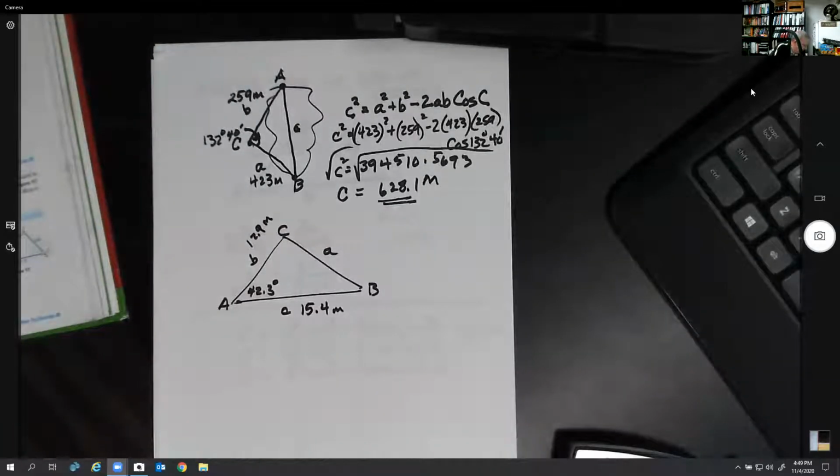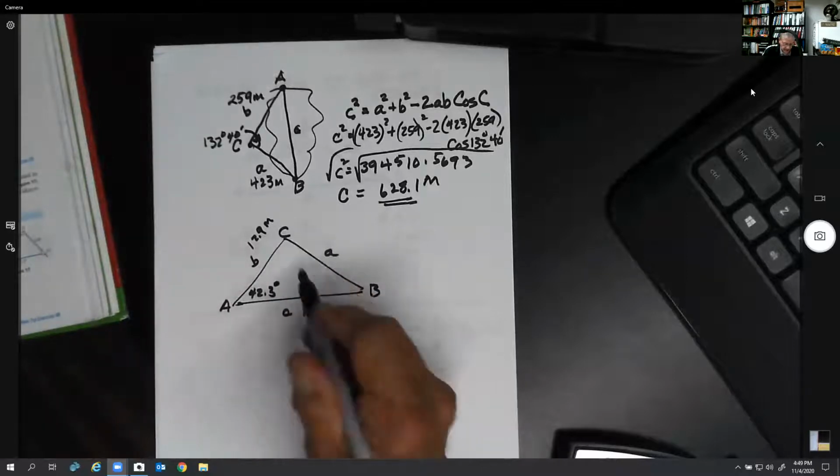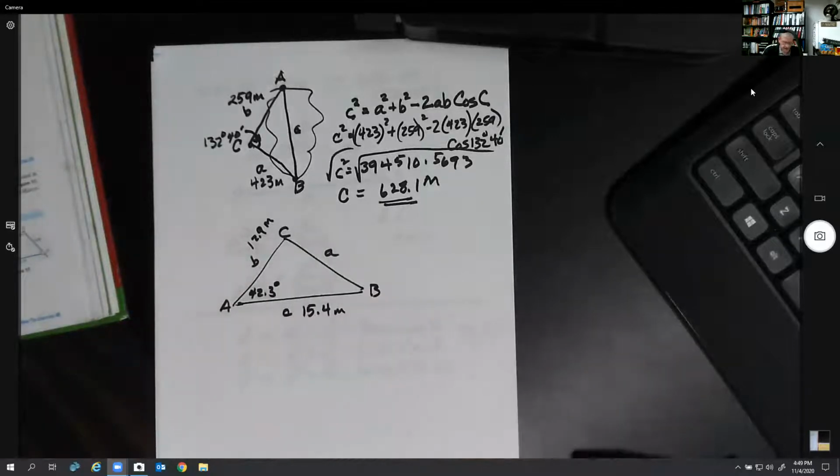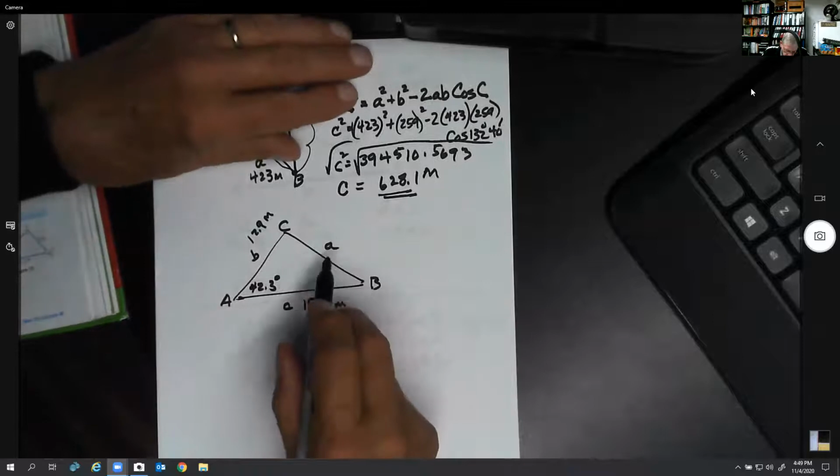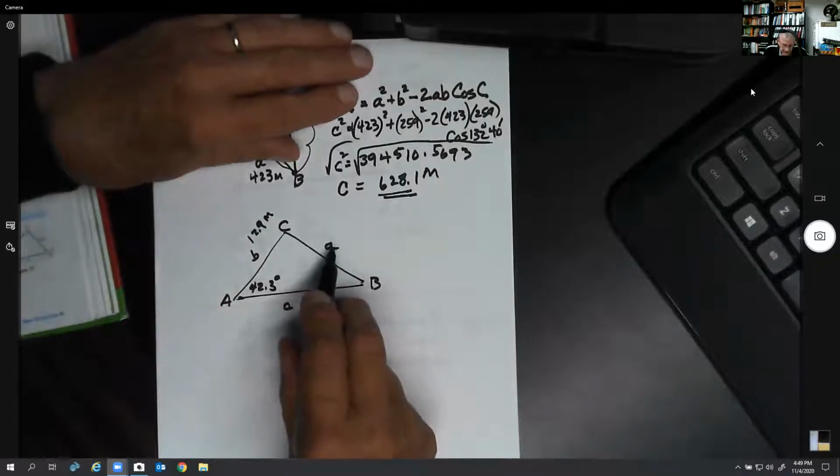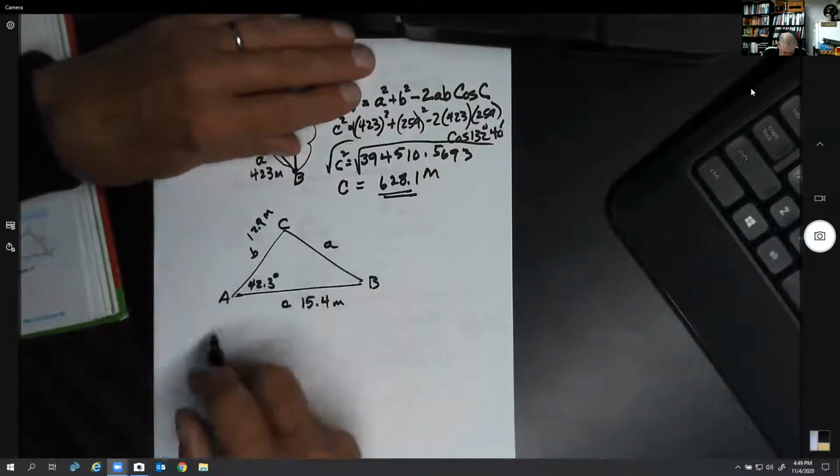All right, so let's see what we can do on this one. What do they want to find? In this figure, it says solve the triangle, whatever that means. Okay, so I guess they want us to find all the sides and all the angles. So let's try to find side a first. Then we'd have all the sides.